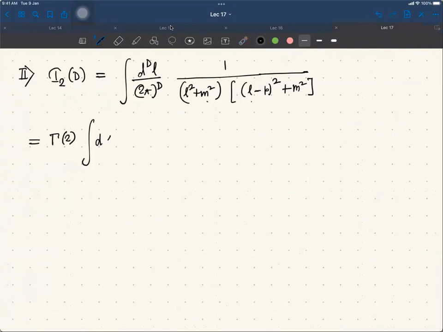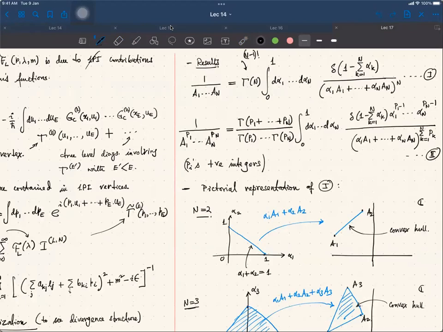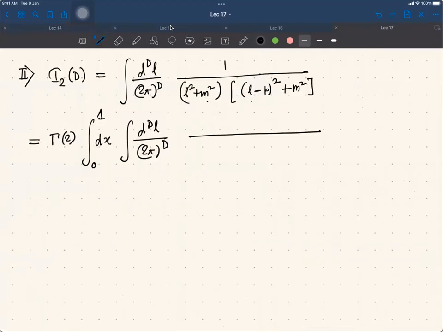times d alpha 1, let me call it x here, 0 to 1, then integral ddl over 2 pi to the power d, you have alpha 1 a1 plus 1 minus alpha 1 a2 to the power n means 2. So x times, so you have to identify which one is alpha 1 and which one is alpha 2.